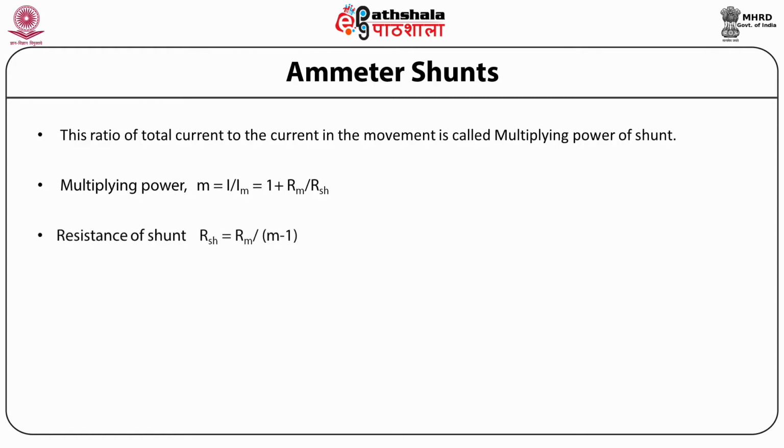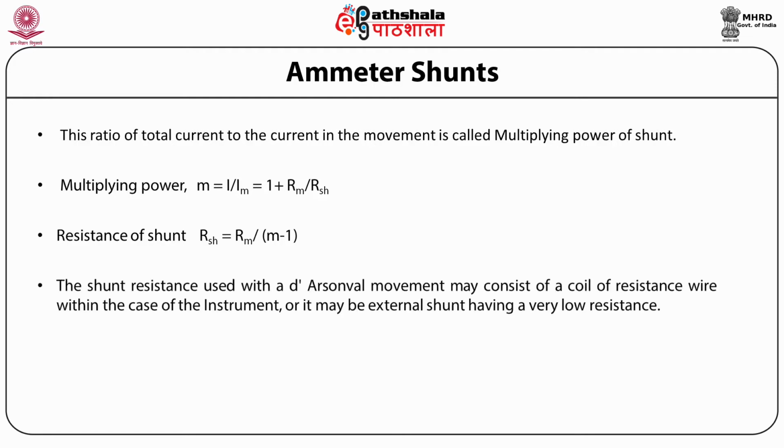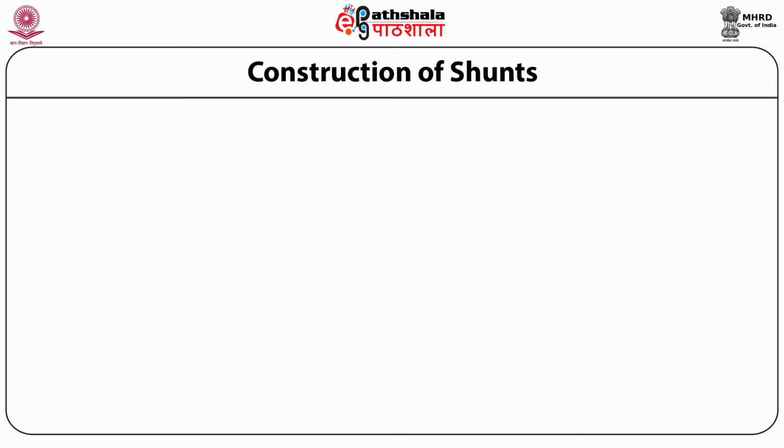The resistance of the shunt Rsh is defined as Rm by M minus 1. Thus, the shunt resistance used with a d'Arsonval movement may consist of a coil of resistance wire within the case of the instrument, or it may be an external shunt having a very low resistance.